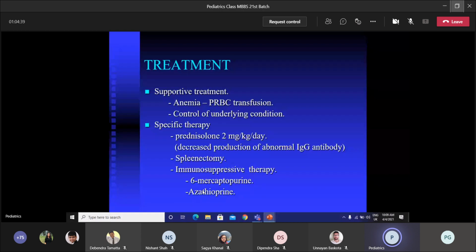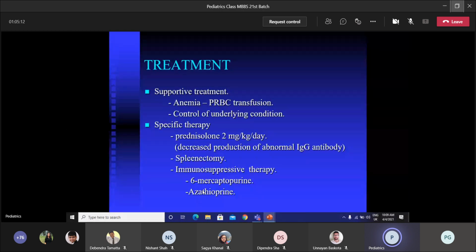If it is due to Mycoplasma pneumoniae, you have to give macrolides, azithromycin. If there is lymphoma, non-Hodgkin's lymphoma or leukemia, you have to start chemotherapy. For specific therapy, if the cause is unknown, apart from underlying conditions, you can give prednisolone, at least 2 milligram per kg per day.